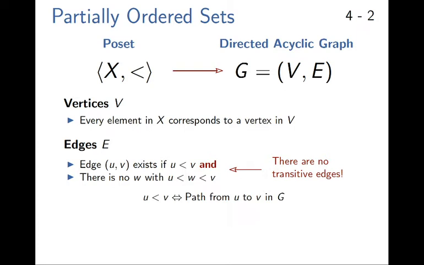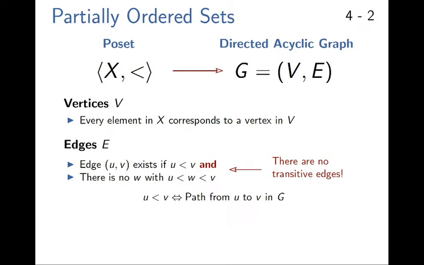So if U precedes V in the poset, then you have to guarantee that there is a path from U to V. This implies, you are skipping this transitivity essentially. This means there are no transitive edges in the DAG.